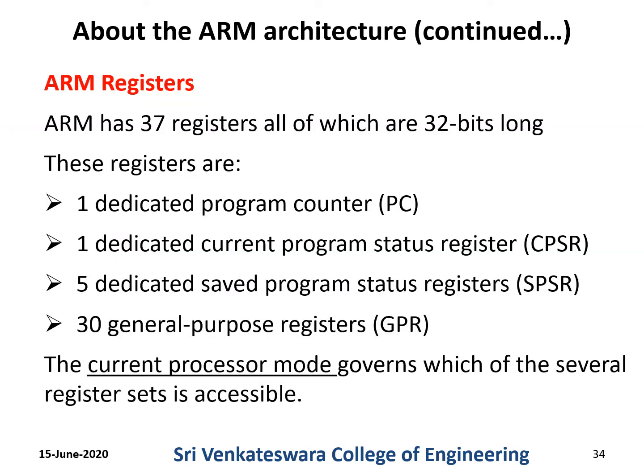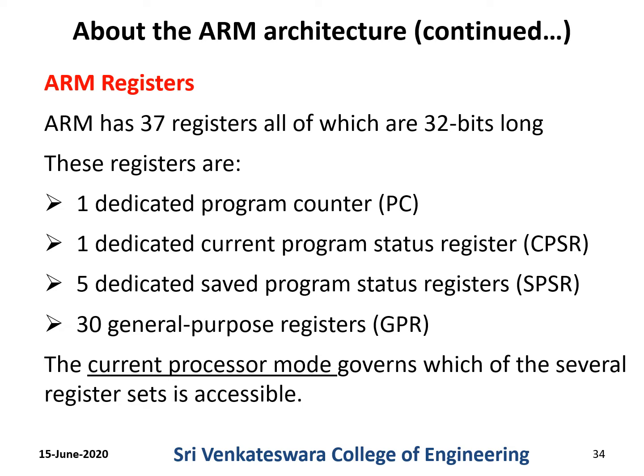ARM has 37 registers. Each of them is 32 bits long. These registers are the program counter, which is only 1, one CPSR register, the current program status register, 5 saved program status registers, SPSR, and 30 general purpose registers.